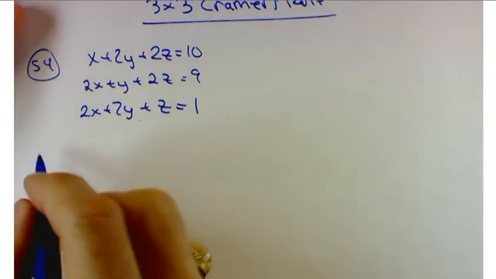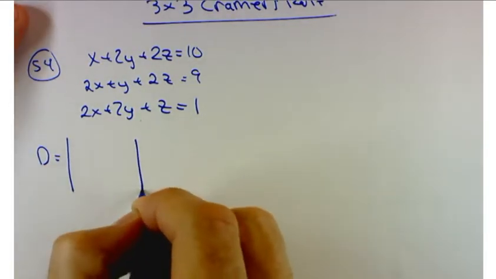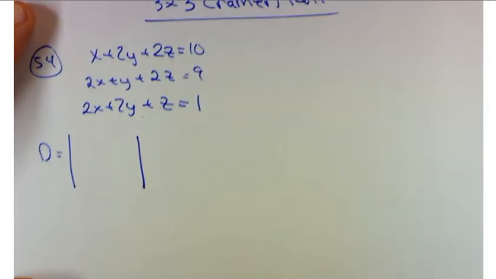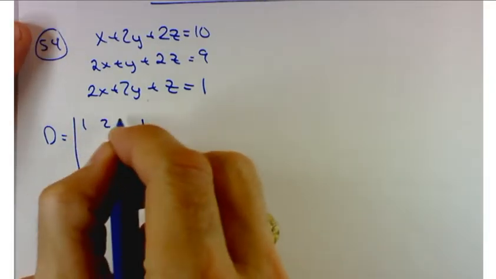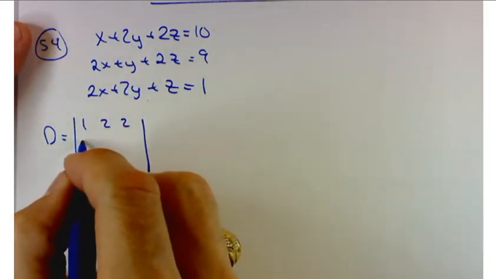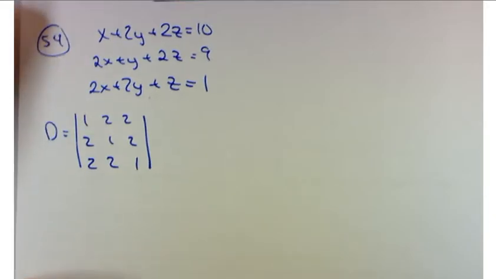So for starters, I'm going to start out with D, which is the determinant of the matrix of coefficients. What stuff do you think I should put in for D? 1, 2, 2, 2, 1, 2, and 2, 2, 1. Are we okay with what we put in for D?